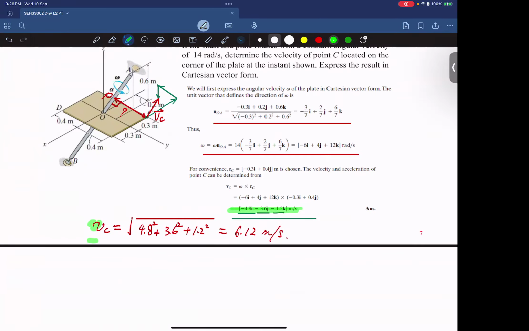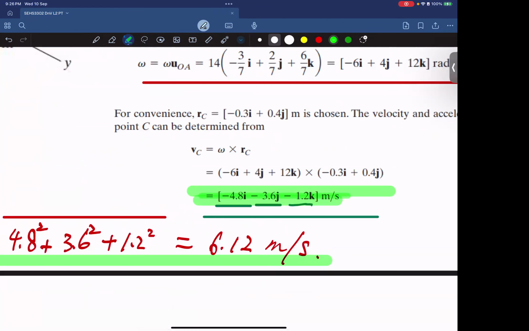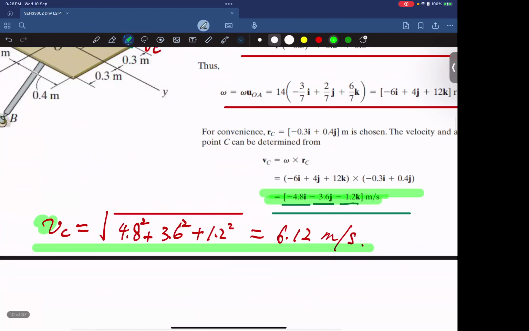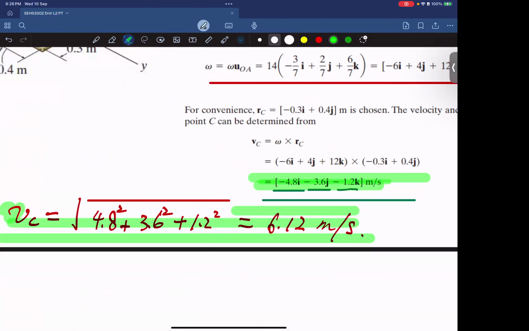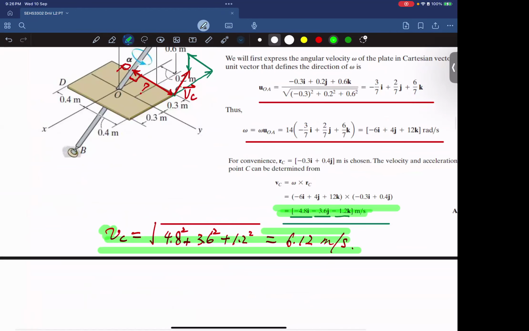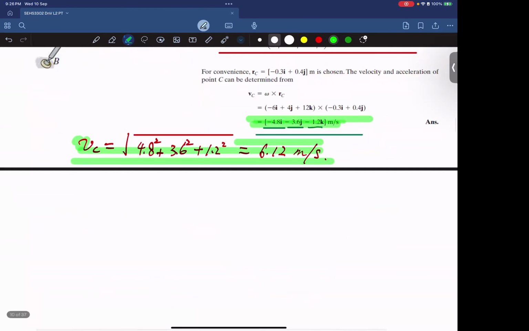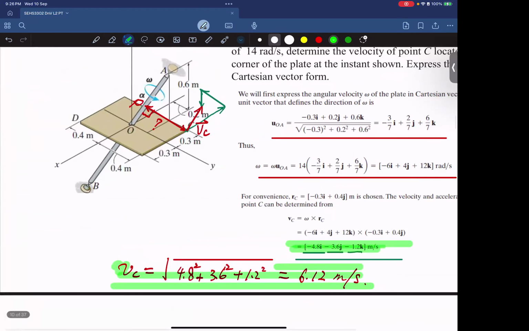so now we know VC, right? Because we know the vector is this one, negative 4.8i minus 3.6j minus 1.2k. And after finding the magnitude, we find VC, the magnitude is 6.12 meter per second. Okay, we know this. So how fast is C? It's so fast. And the question is CP.